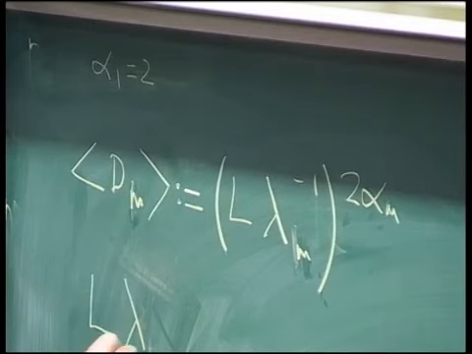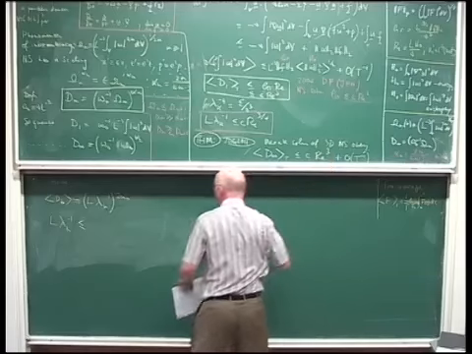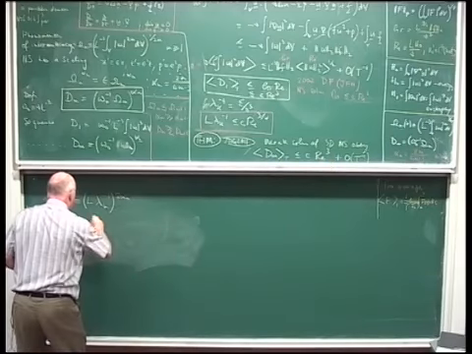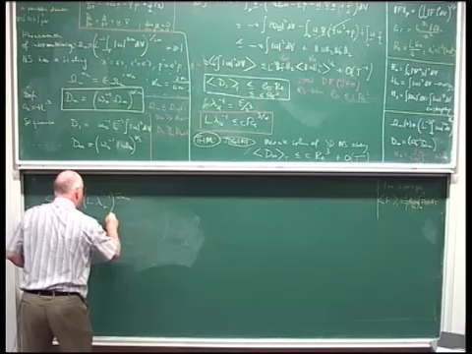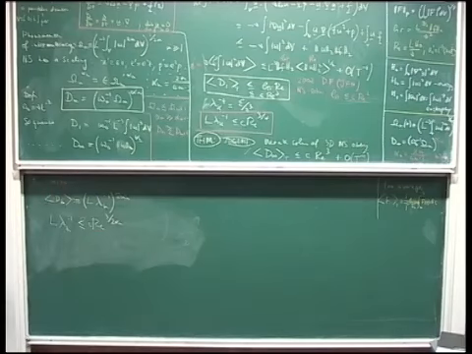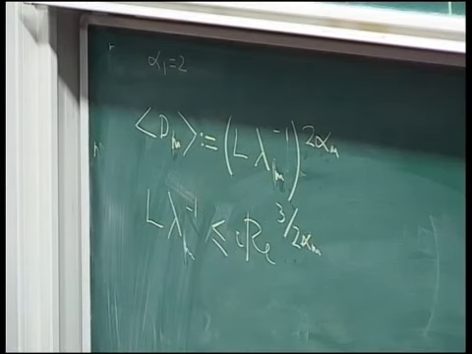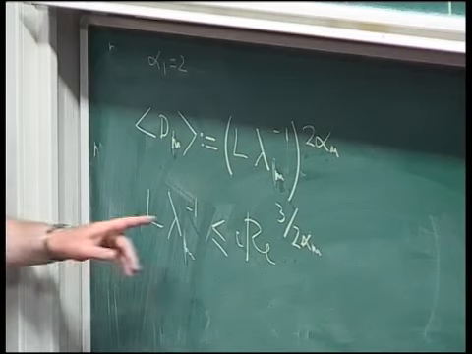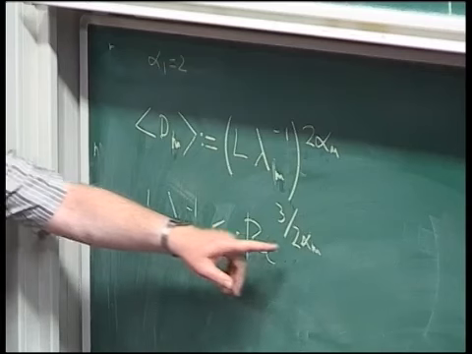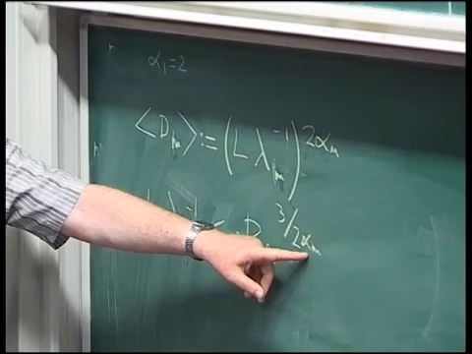And so when I do that, I get from here Reynolds to the 3 over 2 alpha m, like so. And so alpha 1 being 2, there is the 3/4 for like the Kolmogorov length. And now, Keith, I think this answers your question because, of course, as m increases, alpha m goes down.